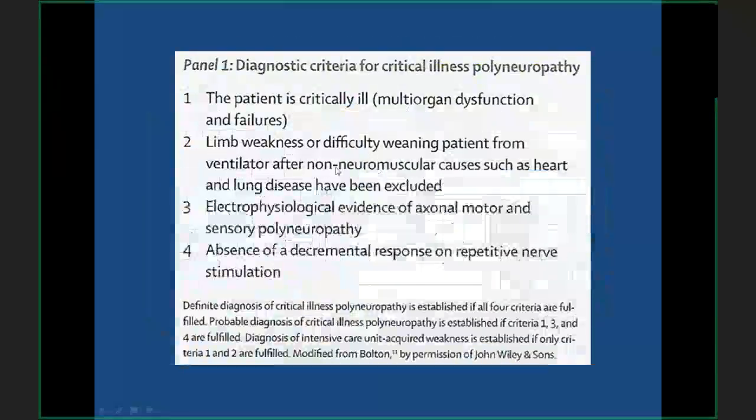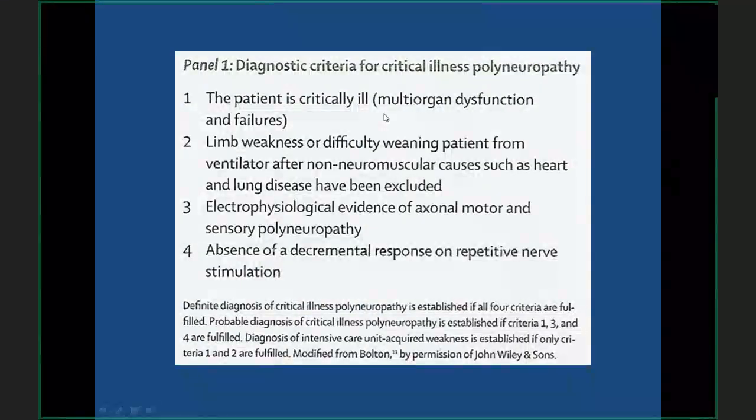So for the diagnostic criteria, usually the patient in the ICU has sepsis or multi-organ failure. Then the patient develops severe weakness, some have muscle atrophy, and the patient has trouble weaning from the ventilator. If you do a nerve conduction study, it shows axonal neuropathy.